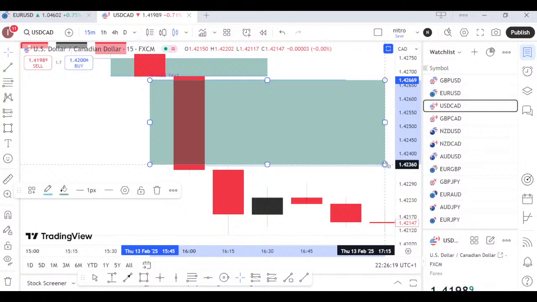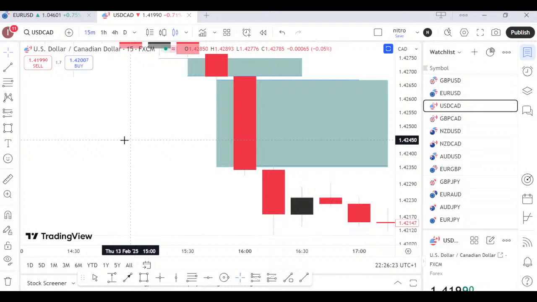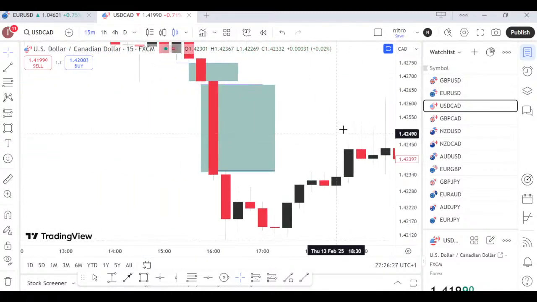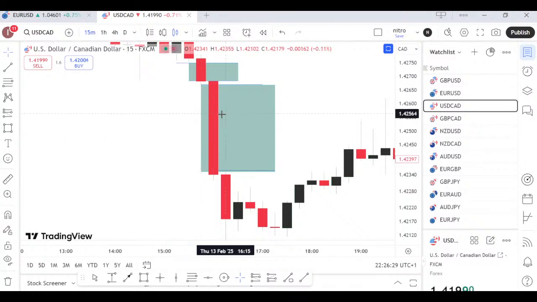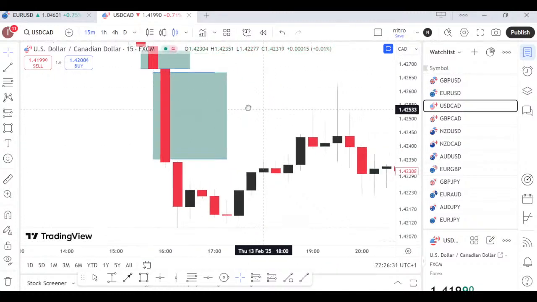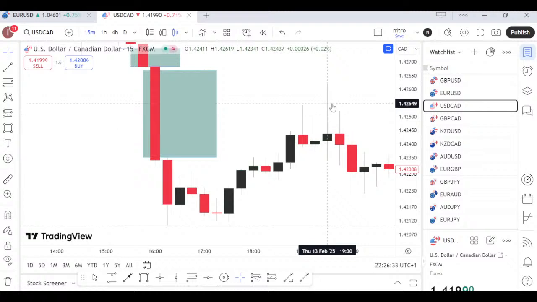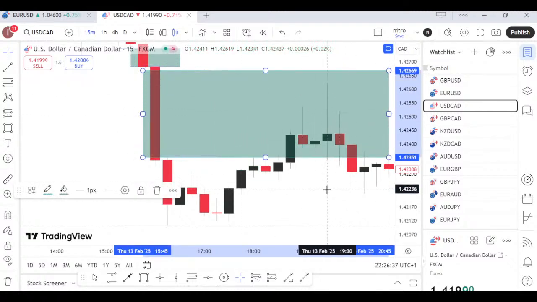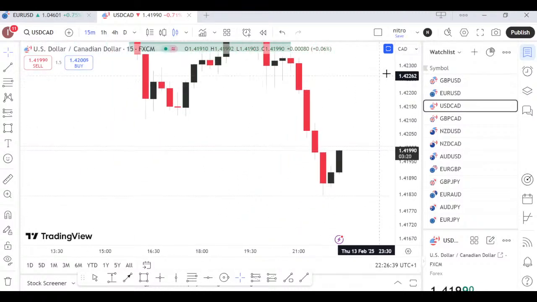If you still don't understand, I can look for another pair, or I can switch to a different example. Now, this is what I was telling you, that fair value gaps always attract price. Look at what the price did. All this movement, and then a solid wick came into that fair value gap, and then continued going down.